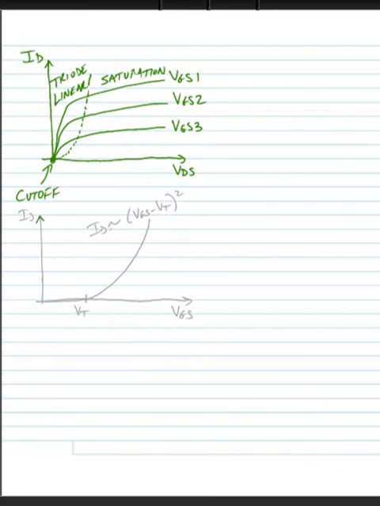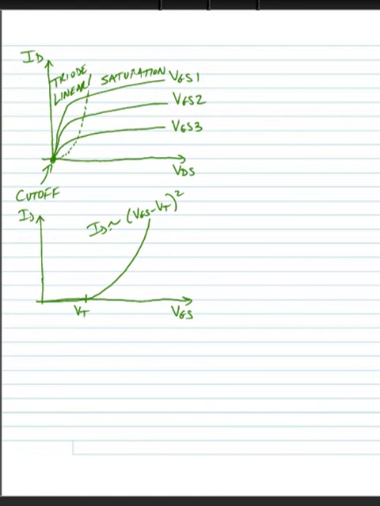We can also look at a characteristic curve for current versus gate to source voltage, VGS, and this would look like so. There would be zero current until a point where we reach the threshold voltage, and then the current will increase proportionally to the square of the gate to source voltage less the threshold voltage.